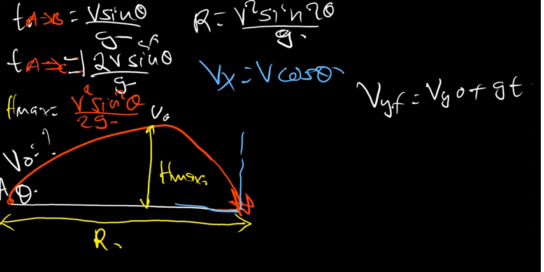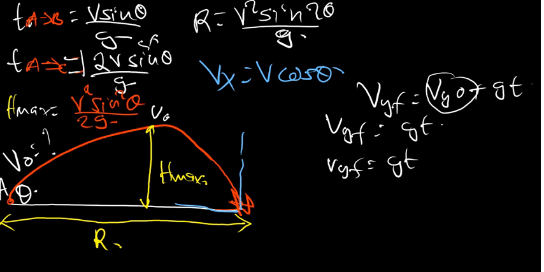So this part here is going to be 0, and the formula we are going to be using is this gt. That velocity is going to be negative because it's going in negative y direction. So our vy final is going to be equal to gt.